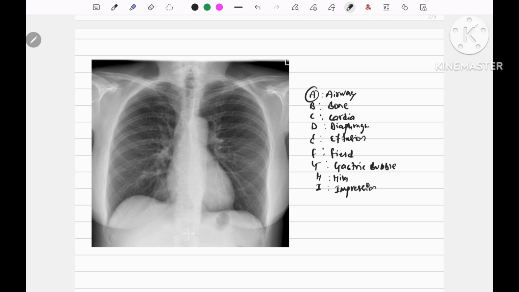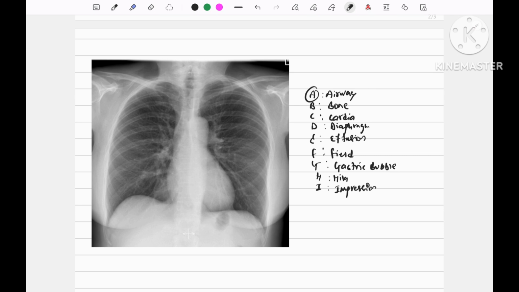Then we will see the bronchi, and in between them there is the carina where they are getting divided. So in the airway, we will study whether the trachea is in a central position or not, whether it is deviated or not, and whether there is any foreign body in the trachea or not.